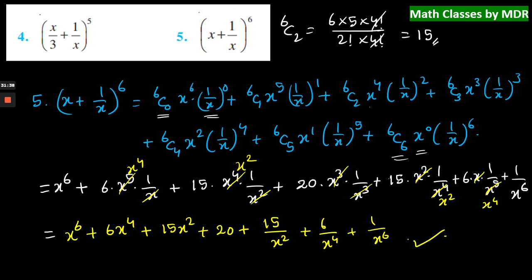So after solving 4 problems, I hope you are feeling comfortable with the fifth problem. Yes, definitely. Now let's see the next question, that is, using binomial theorem, evaluate each of the following. Right?